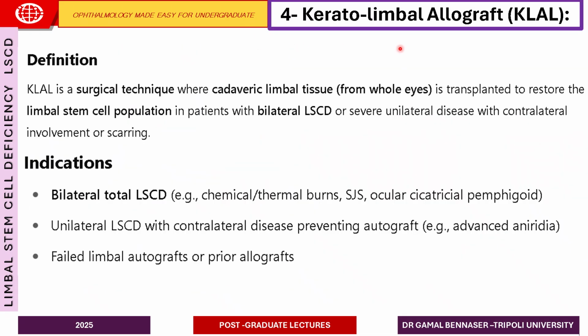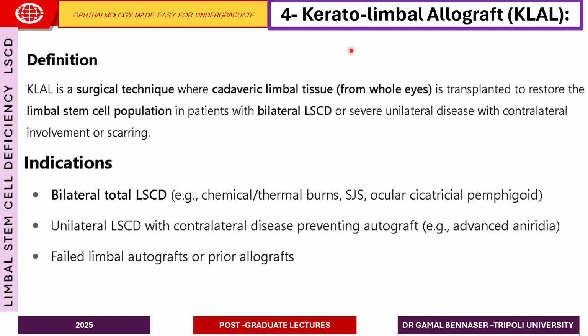The Keratolimbal allograft is defined as the surgical technique where cadaveric limbal tissue from the whole eye is transplanted to restore the limbal stem cell population in patients with bilateral limbal stem cell disease. The main indication is the presence of bilateral total limbal stem cell deficiency.